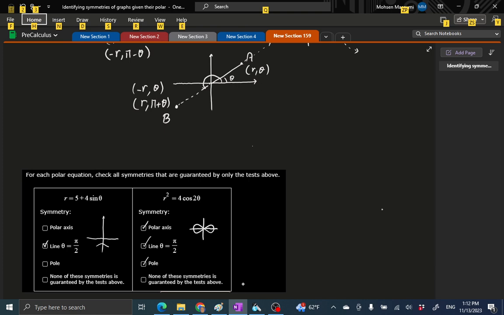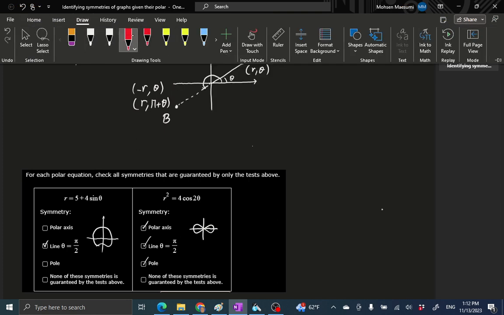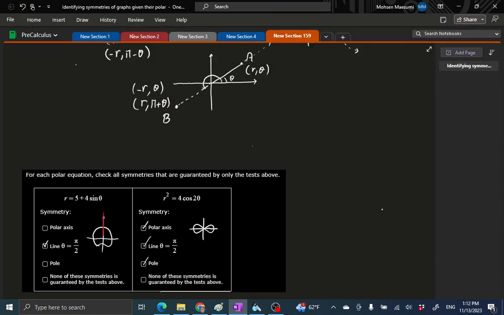This was a dimpled limacon. So the axis of this one was, this is the axis of symmetry of this one.